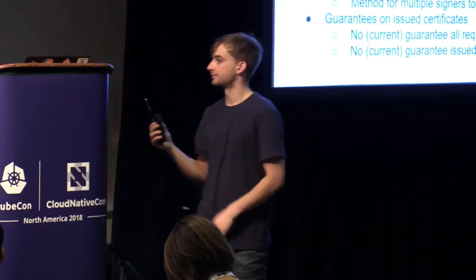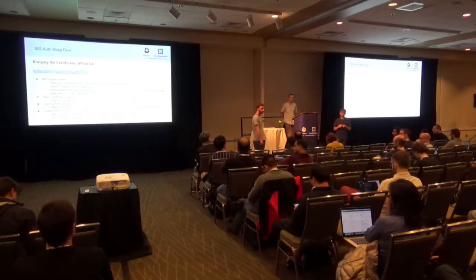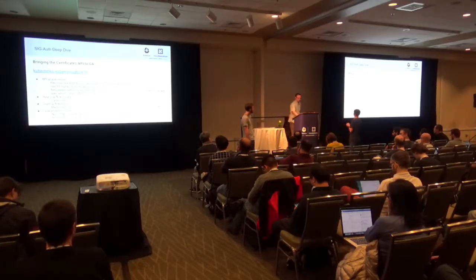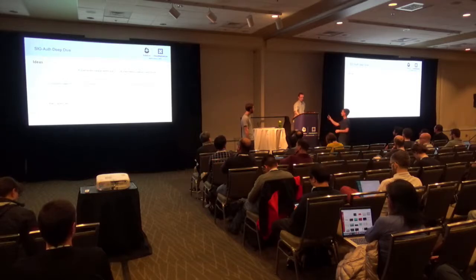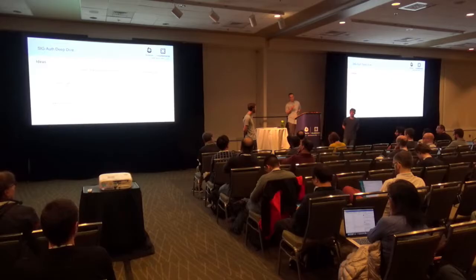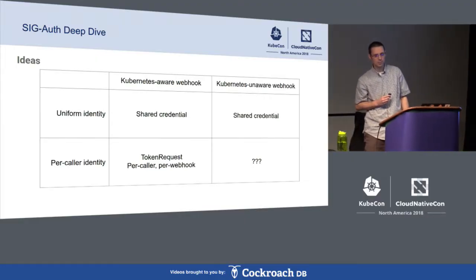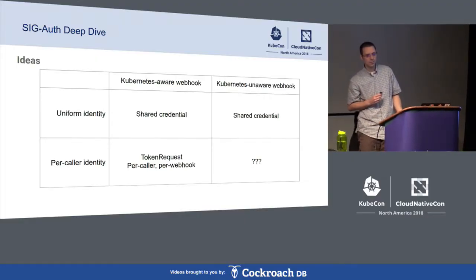Okay. And I had one more question about the previous slide for the token request per caller. Is the model going to be similar to Kerberos, where you get a service ticket and a TGT to authenticate to additional external services?